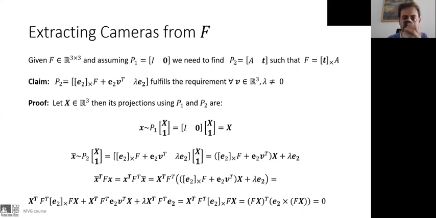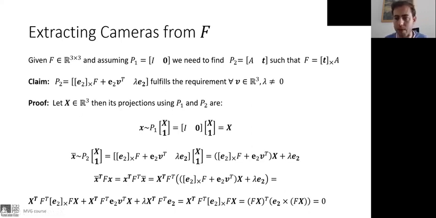Yes, I have a question. On the second step, where you replaced X with capital X and X bar with that expression on the right, you could do that only because it was up to scale, right? Because of the 0 on the right side, we could do that. Exactly, because if you multiply this equation by a scale, and the result is 0, then the scale doesn't matter.